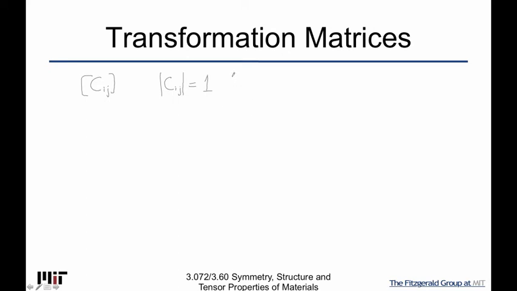So that's called a unitary matrix. And it's really a function of the fact that, in our case, it's just composed of directional cosines. So when you take the determinant of it, it will equal 1.